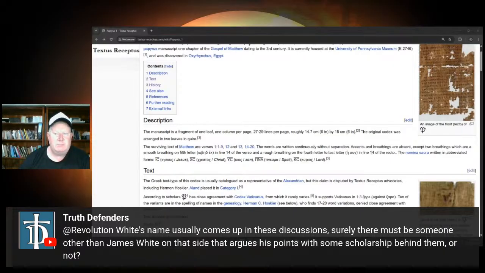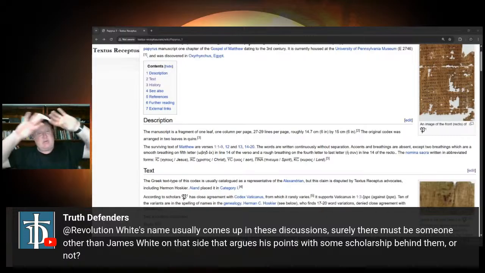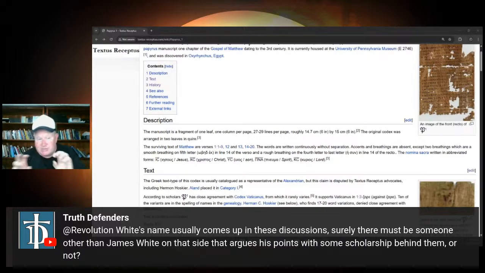Bart Ehrman was the last student of Metzger, so he parrots a lot of Metzger. Bart Ehrman comes against our position as well, even though the guys on the other side try to make it like this horseshoe thing where we're closer to Metzger than they are. It's like, no, he's using your text. He's still part of the academy.